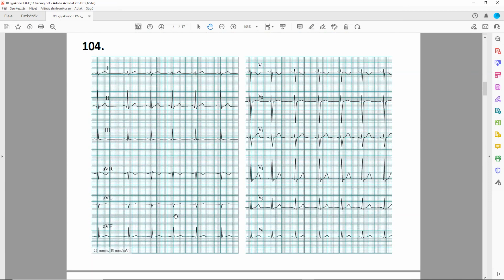104. Who has 104? I'll do it. So the rhythmicity, I would say it's rhythmic. Well, I don't think so, because if you look at the distance, it's longer, shorter, shorter, shorter, and starts to be longer again. So that's changing a little bit.